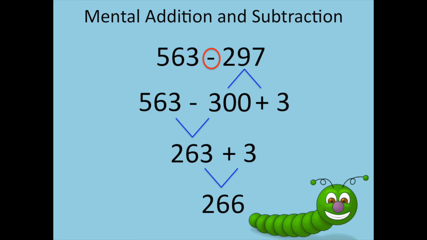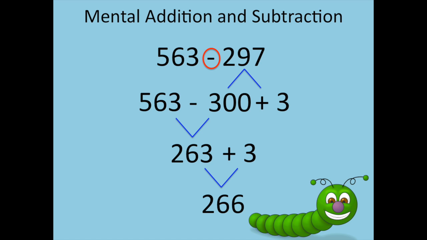If you must round the second number up, remember that you will be taking away more than you need to. So in this case, when we round 297 to 300 in order to solve it mentally, we're going to be taking away 3 too many when we subtract 300 from 563. Since we're taking away 3 too many, we're going to want to add that back into our answer.